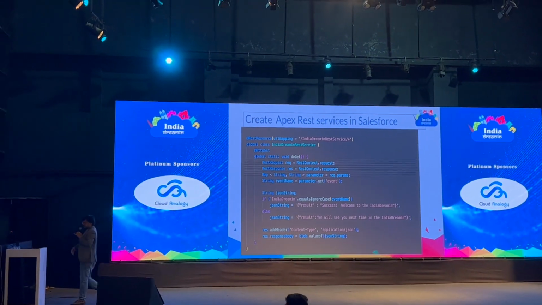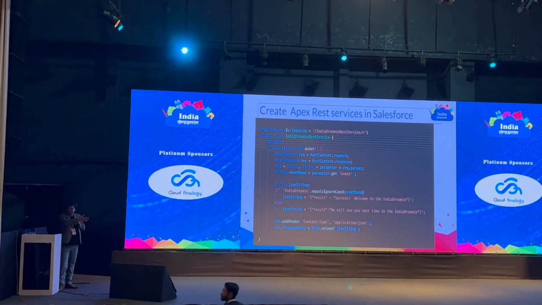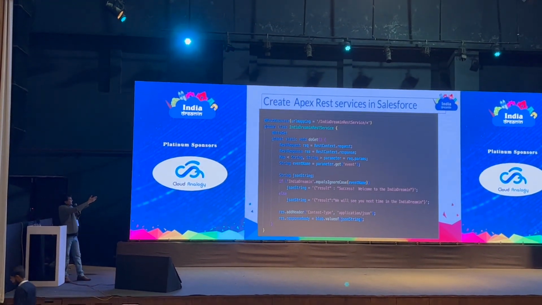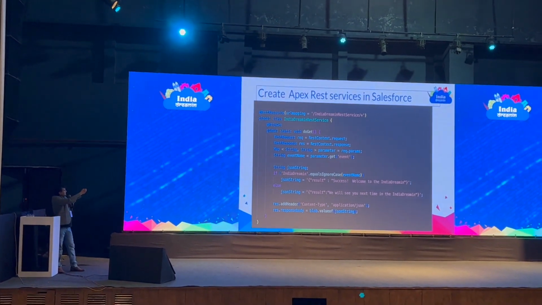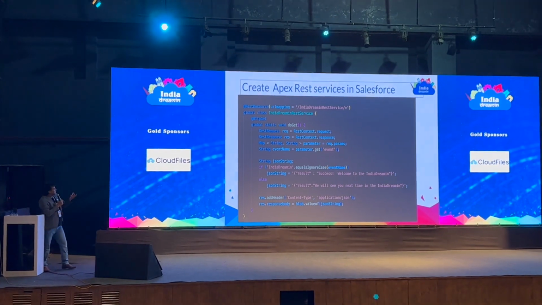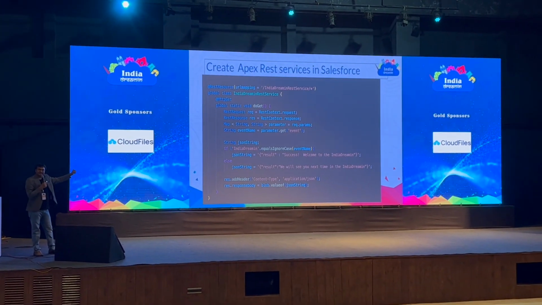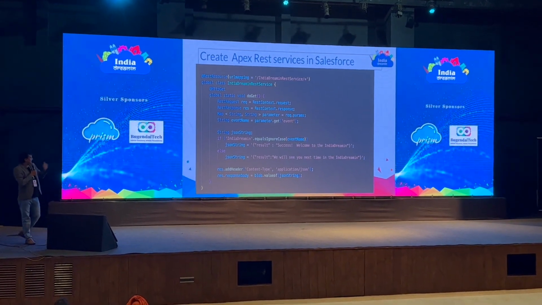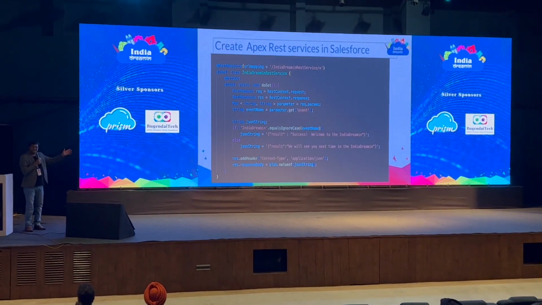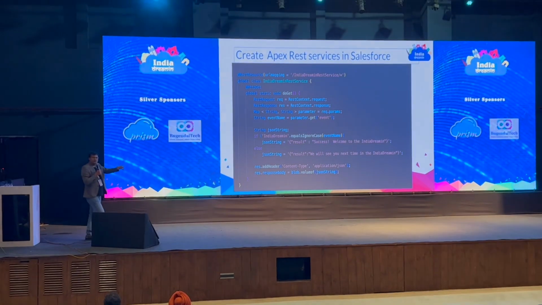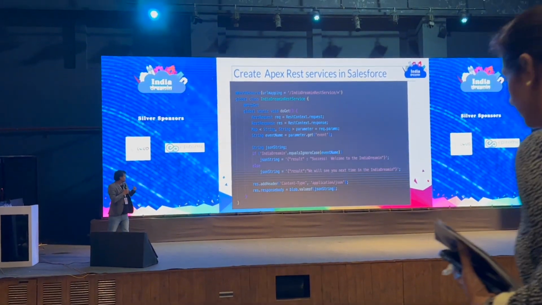In this method you can see we are taking the request and response from RestContext, and we are taking one event as a parameter, and if the event is India Dreamin, then just welcome. Okay, welcome to India Dreamin. And this is just a high level view. We can have our logic here.